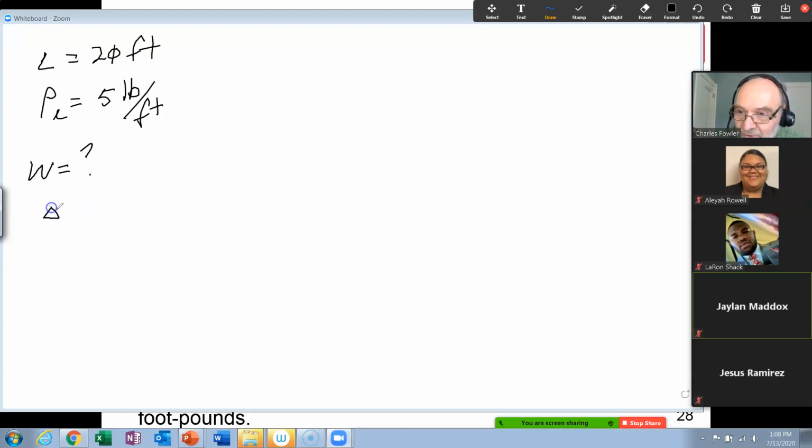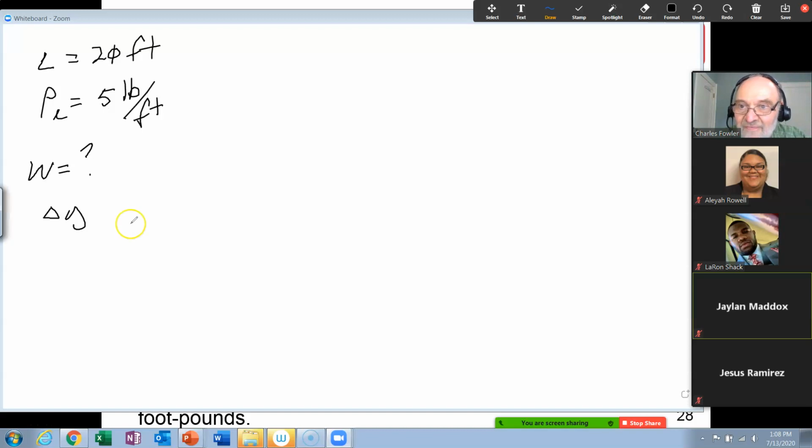Everything's going to be measured in terms of that. Y is going to go from 0 to 20, so that's where the 20 comes into place. You're lifting everything, 0 to 20.